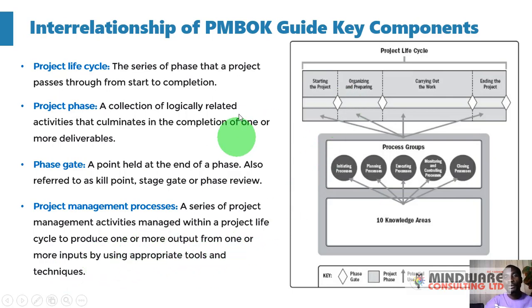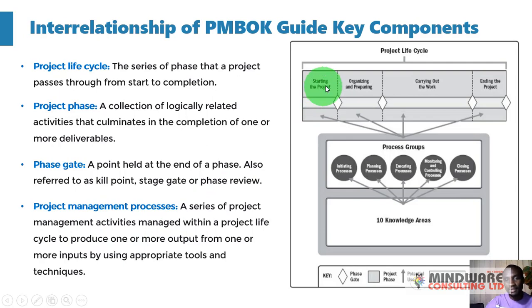So within this project life cycle, all right, you have processes inside of each of the phases. So you have the project life cycle as the whole body, and you now have phases within the project life cycle, and then within these phases you have processes, which we call the project management processes.